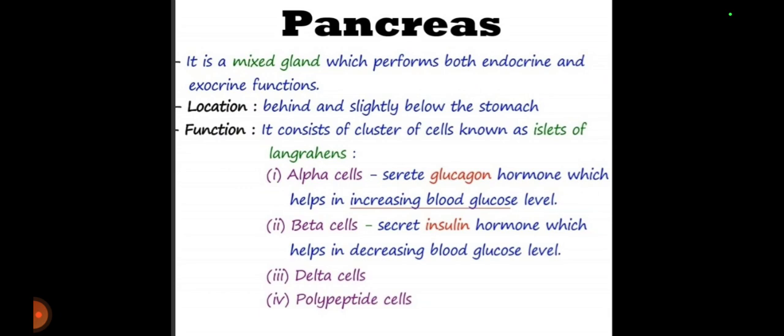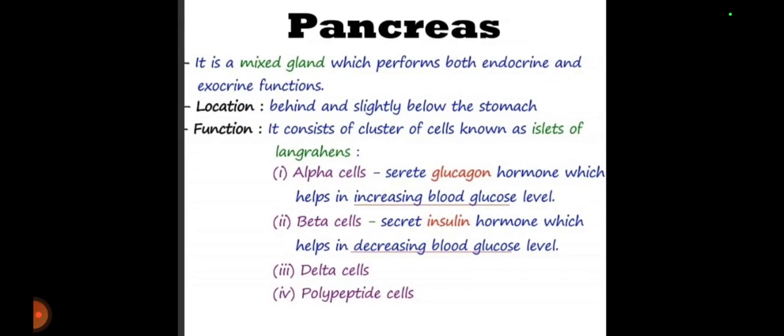The beta cells secrete the hormone insulin. Insulin helps in decreasing the glucose level in blood. You have heard about diabetes patients. They take insulin injections, right? This is all about insulin.